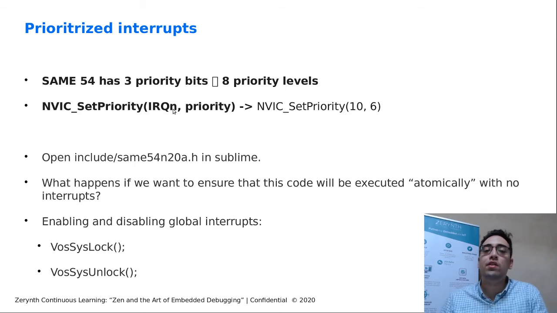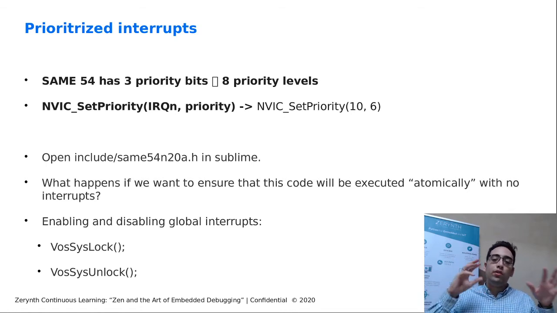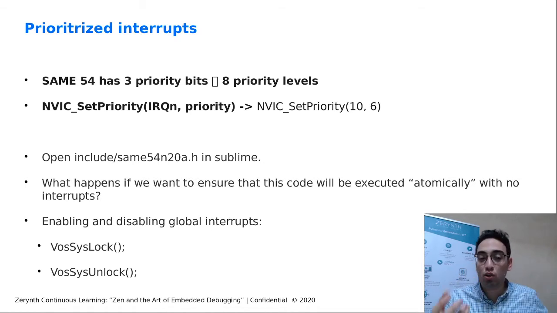Right now we know that there are priorities, and interrupts with higher and lower priority, so the code can be interrupted and then continue execution. What happens if you want to ensure that the code is executed atomically? Essentially, what if we want this piece of code to be executed with no interruptions?